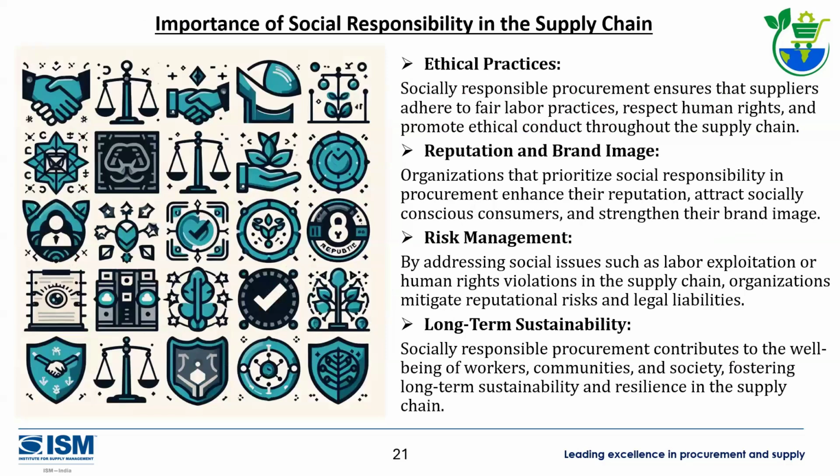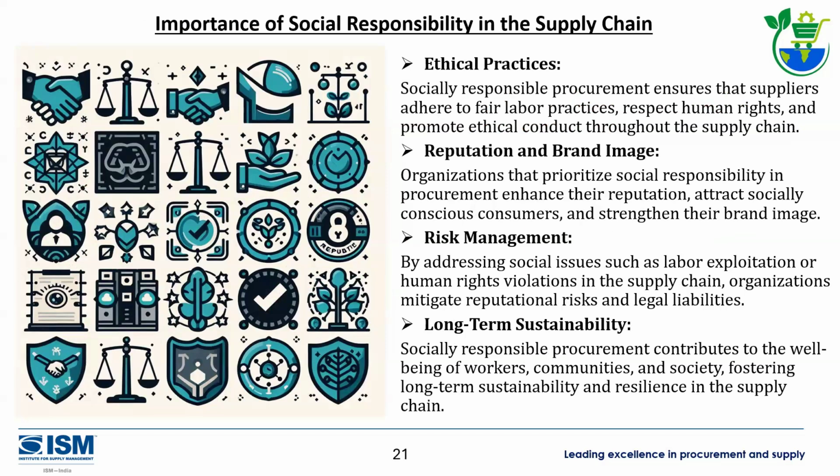Social responsibility talks about ethical practices, brand image, management of risk, and long-term sustainability. It helps us understand whether we are socially responsible. Procurement ensures that suppliers adhere to fair practices. It talks about organizations that prioritize social responsibility in procurement.